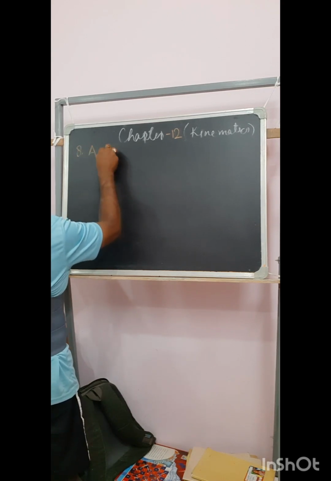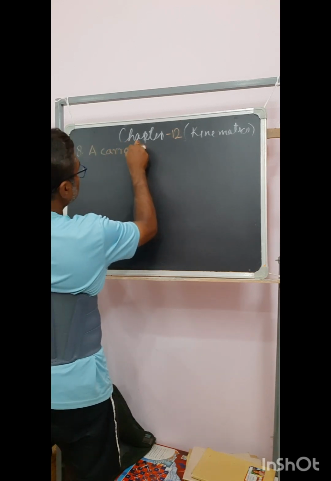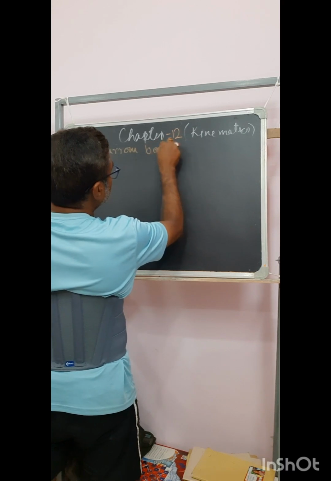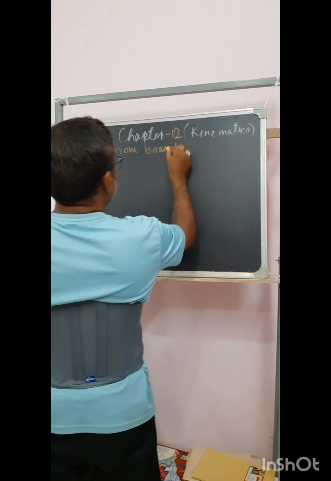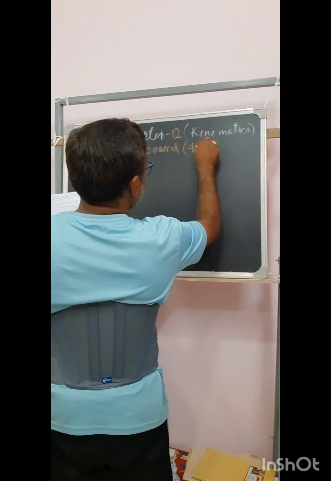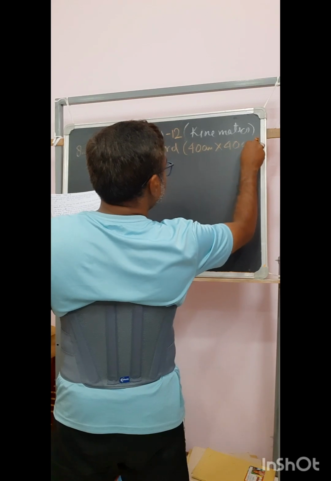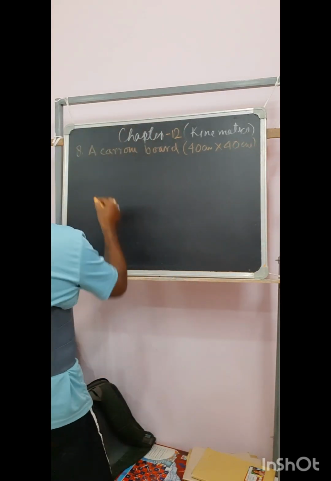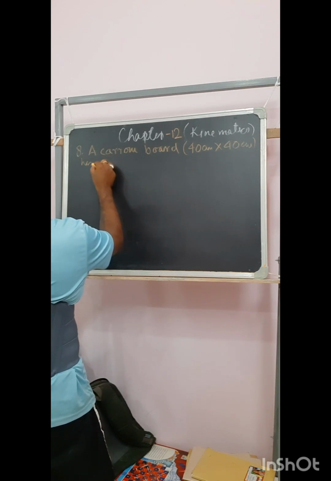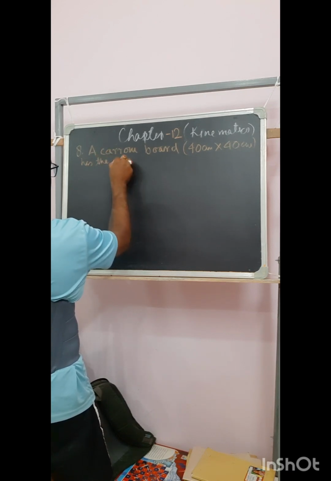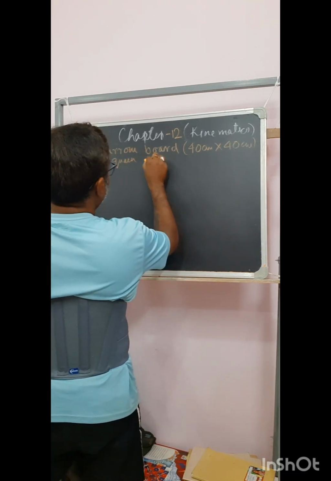A carom board 40 cm cross 40 cm has the queen at the center.